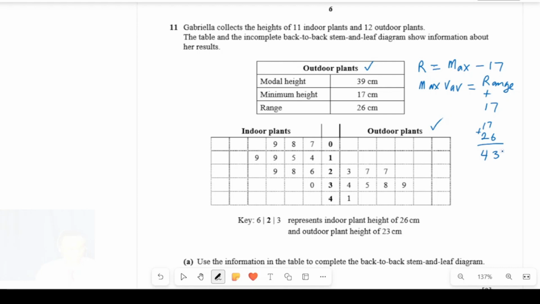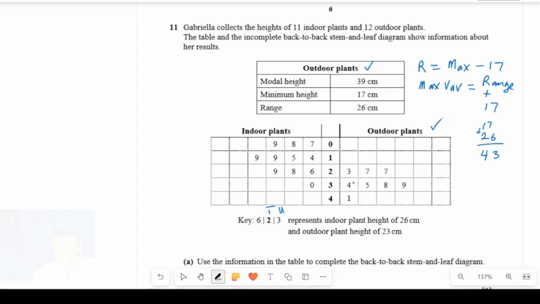Okay, so with that, let's complete, represent the indoor plant. So 26, when you are talking about your stem and leaf, the unit value is the leaf, while the tens value is the stem, so you have tens and units.